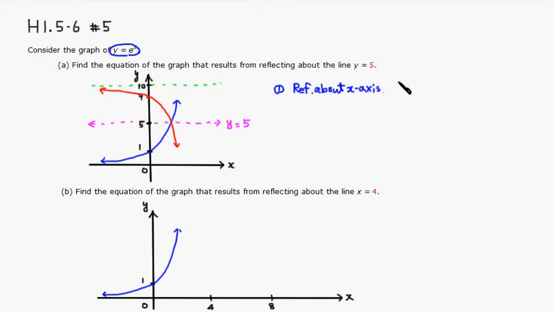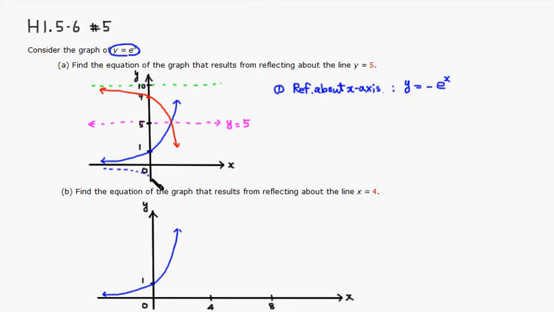Then the equation becomes y equals, you just put a negative sign in front of the whole function. So it's going to be negative e to the x. After that transformation, you will get this picture.